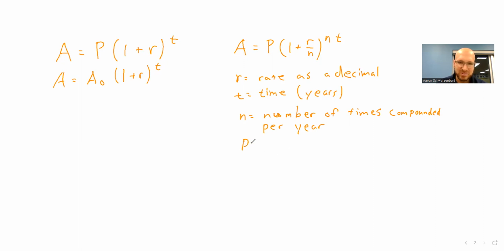And P is the principal or initial amount. That's why we can call it A0, just meaning initial A, and A is the amount that we have.